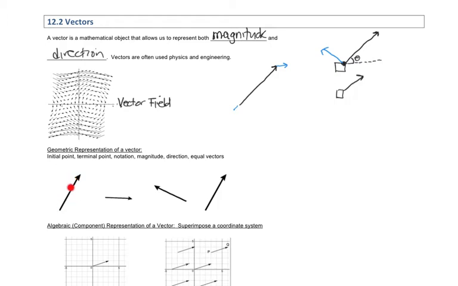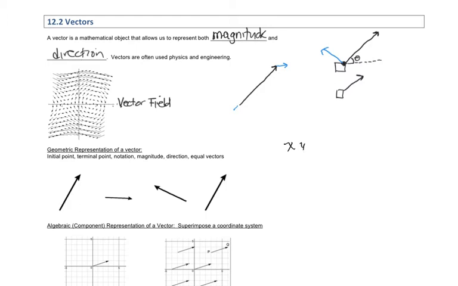All right, so for a vector, we want to be able to represent magnitude and direction. So the magnitude we're going to talk about by the length of this directed line segment. So for a directed line segment, we call this the initial point, and this is the terminal point, so start and finish point. For a vector, instead of using variables like x and y for real numbers, a vector is a different object.